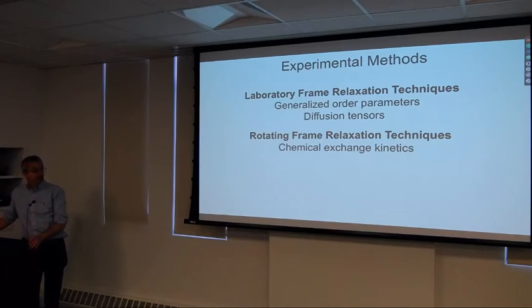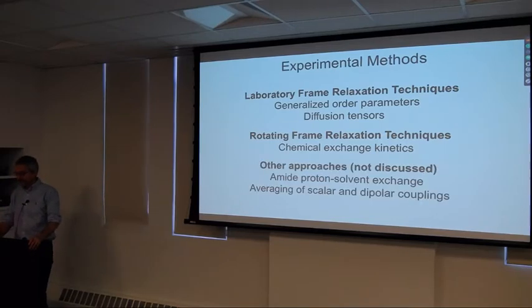The first case are experiments that are driven primarily by rotational tumbling, and that process is fast enough that the Redfield equations apply. And then the second set of techniques, rotating frame techniques, the Redfield equations may or may not apply, and we may have to switch to other methods that we talked about, such as the Bloch-McConnell equations or numerical simulations.